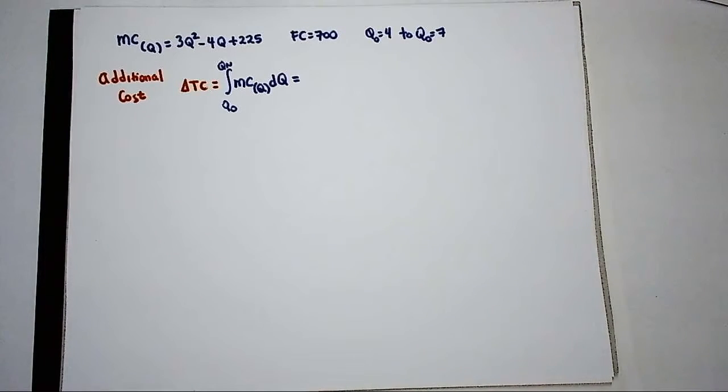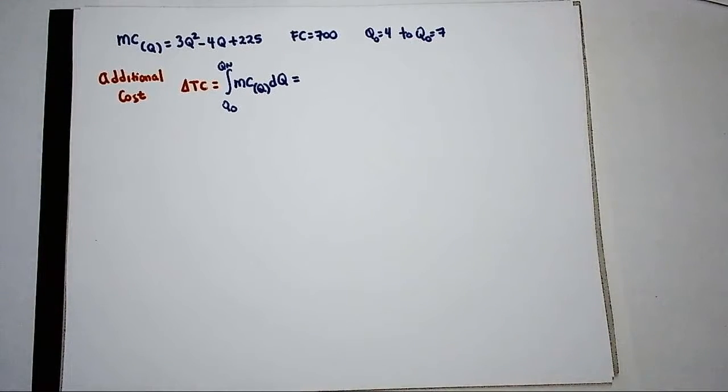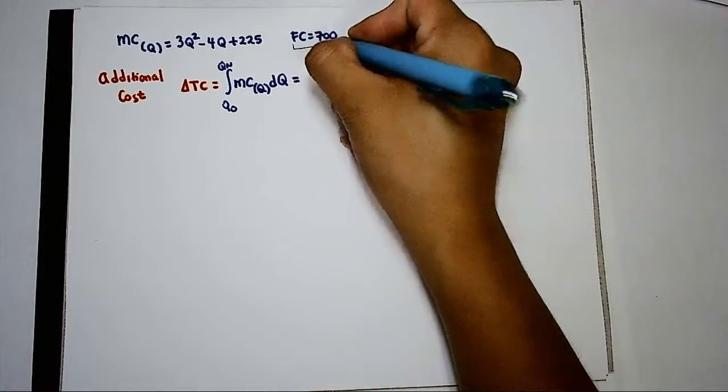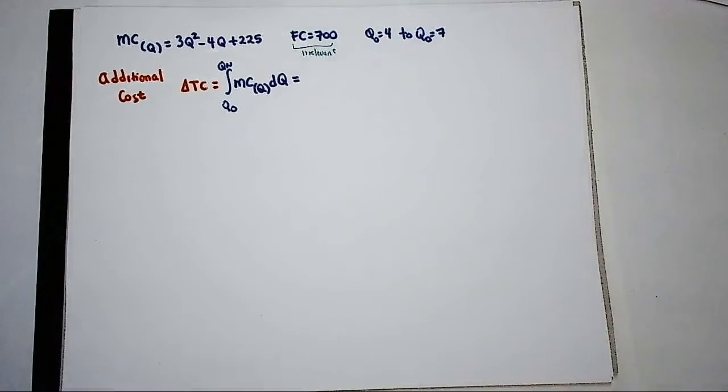In order to do that, we use our formula, in which we will integrate the marginal cost from the original production to the new production. Notice that in this case, our fixed cost is irrelevant because we are using definite integrals.